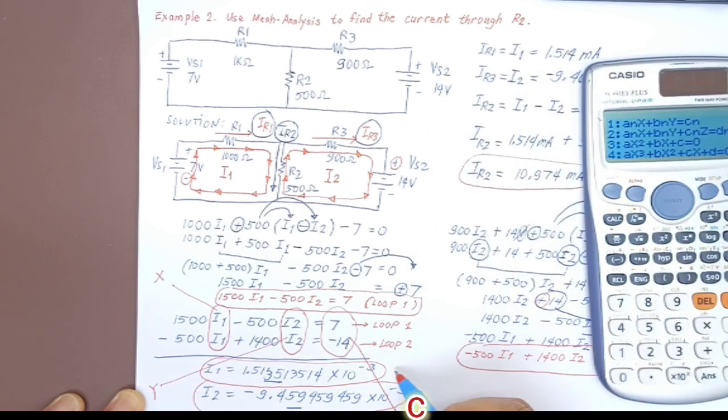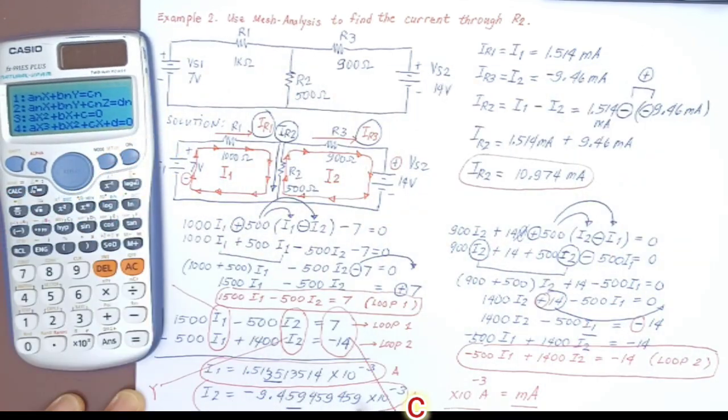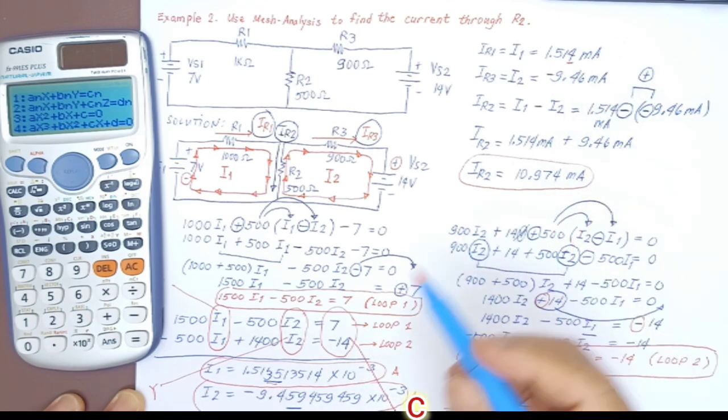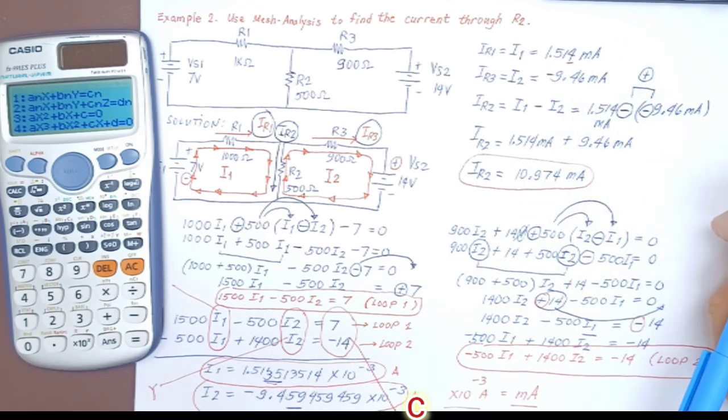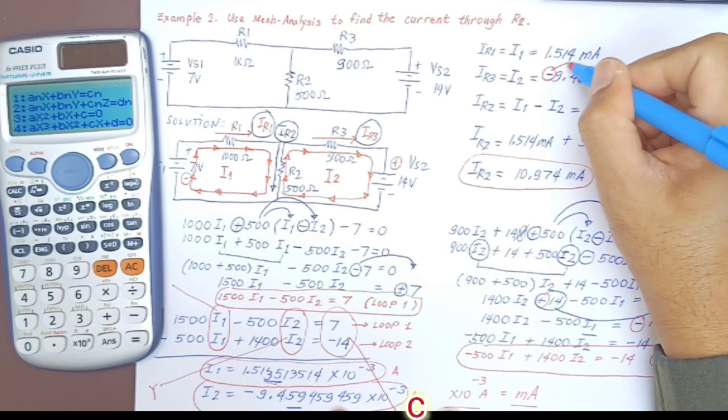We got this answer, and this would be in amperes. To shorten our answer, the times 10 to the minus 3, we can make it milliamperes. And so we round the answer to 1.514 milliamperes, and negative 9.46 milliamperes for our IR3.